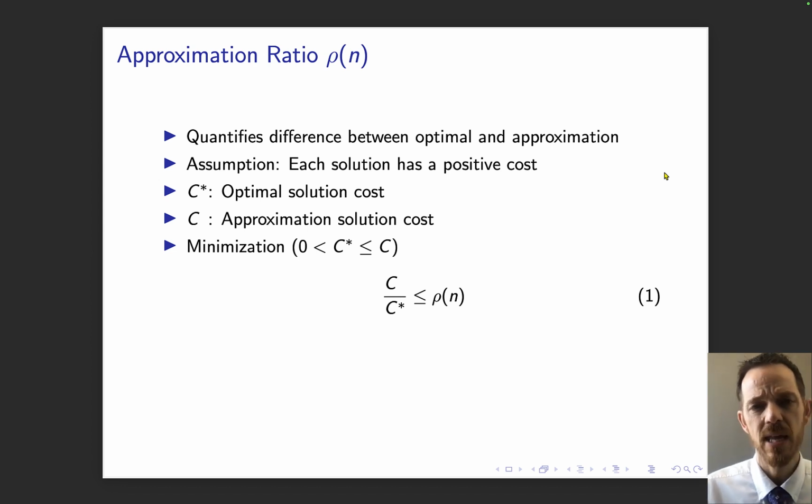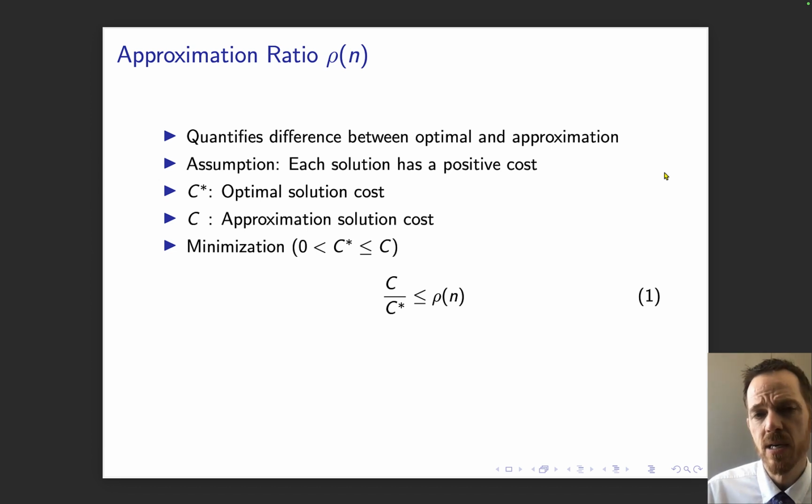To understand that, we need to know how close to the optimal solution we are going to get. And that's where the approximation ratio, rho of n, comes into play. What this does is quantify the difference between the optimal and the approximation as a ratio.